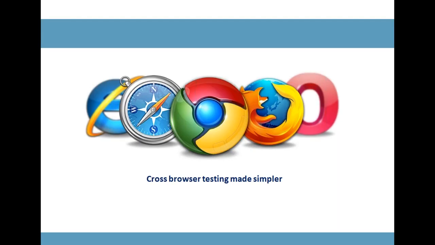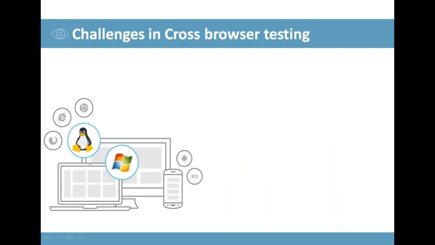Okay, so the next one is cross-browser testing. Now, let's see what are the challenges we have when we are talking about the cross-browser testing, right? I'm sure you are all aware why we need cross-browser testing now. Though most of the industry is writing native and hybrid applications, a lot of organizations have moved to a web app because it's pretty easy to maintain and make changes, right?